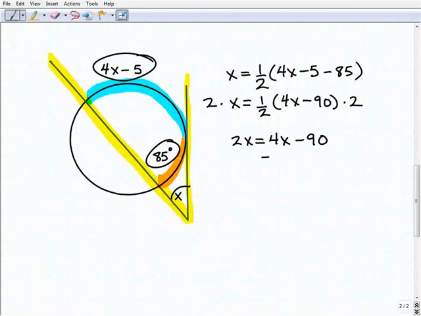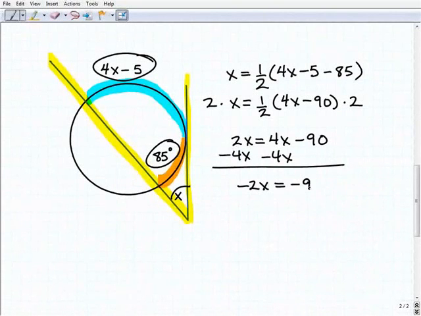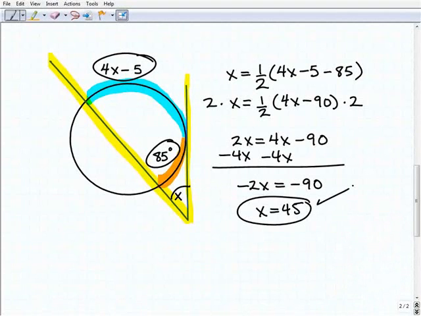Now I want to subtract 4x from both sides of the equation, and I'm going to get negative 2x is equal to negative 90. And when I divide both sides of the equation by negative 2, I get x is equal to 45. If you took a different path but got the same solution, that's what matters.